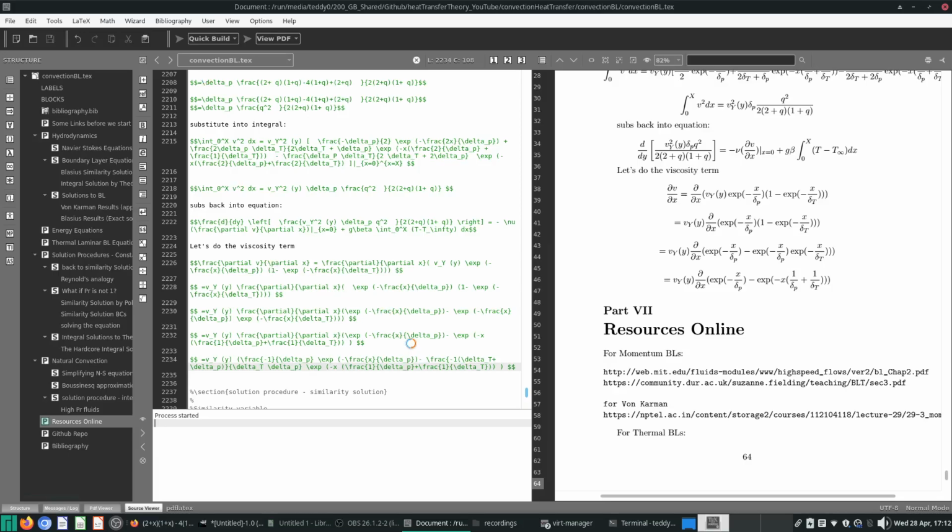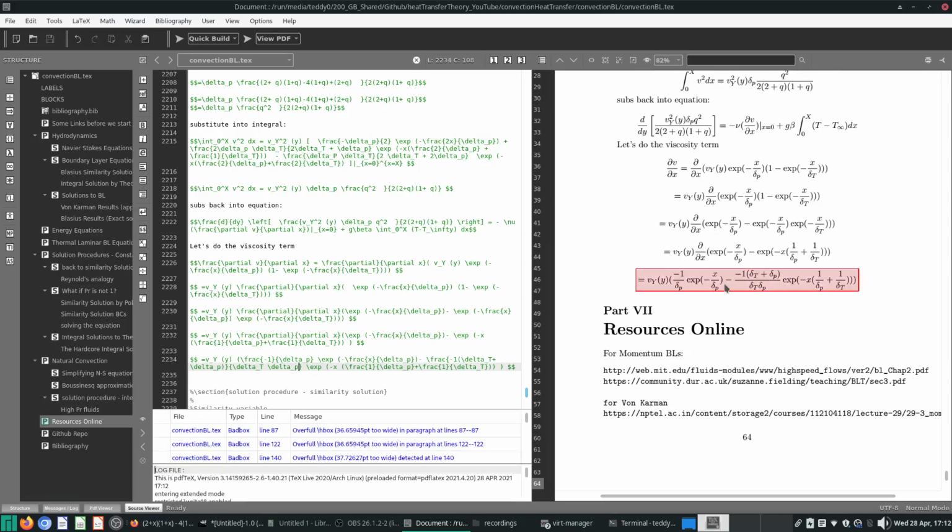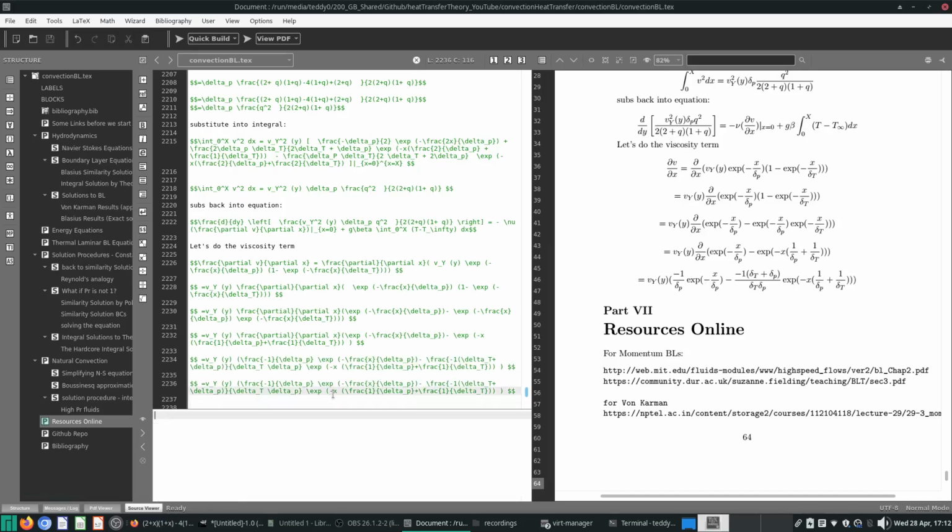Now let me quickly combine these fractions together. I didn't do it as rigorously, but it should not be a problem.